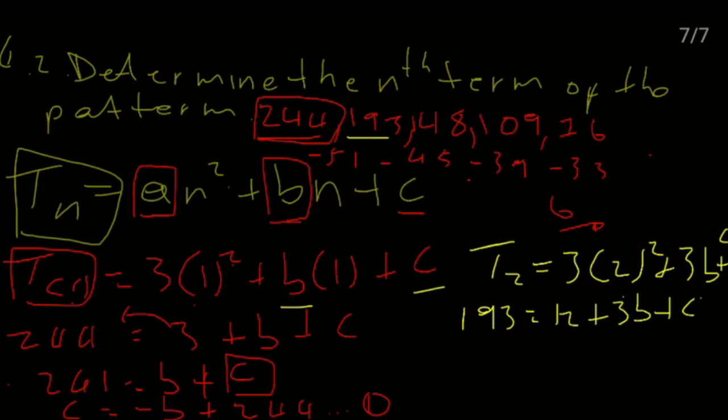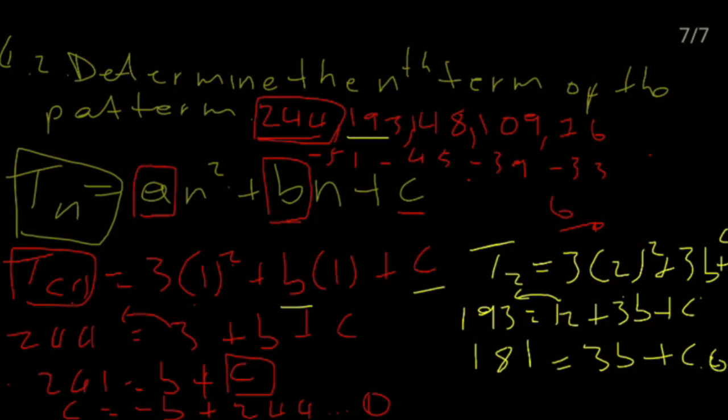And I'm going to take my 12 to the other side. So it's going to be 193 minus the 12, which is 181. 181 equals 2b plus c, and I'm gonna go ahead and say this is my equation 2.